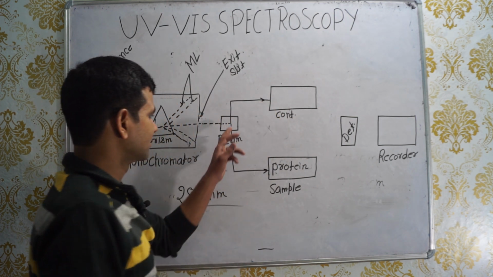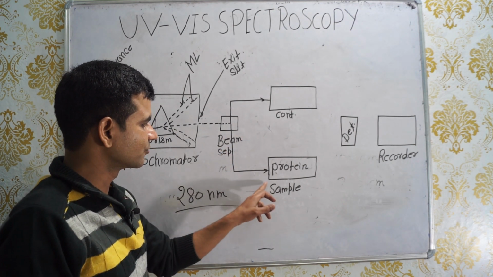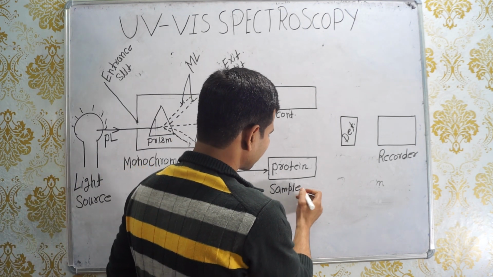One part of the light will go to the control chamber and the other part of the light will go to the sample chamber.